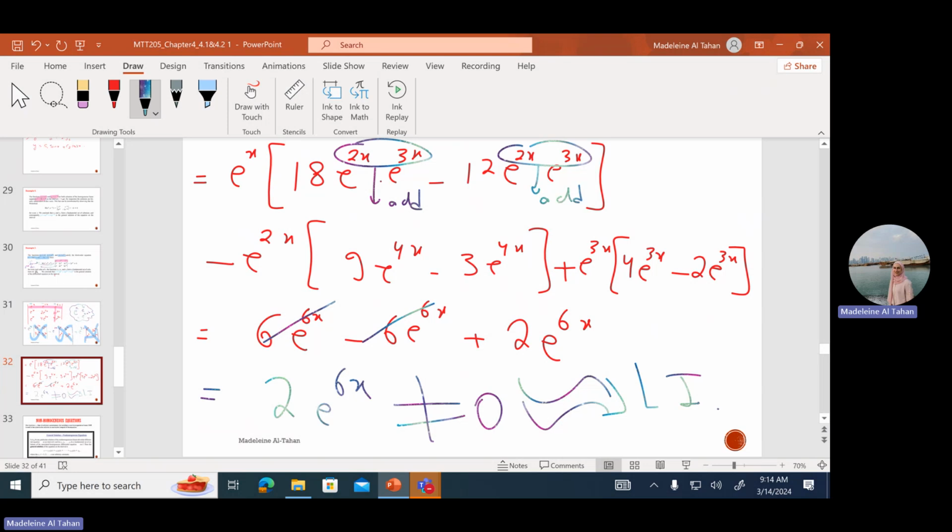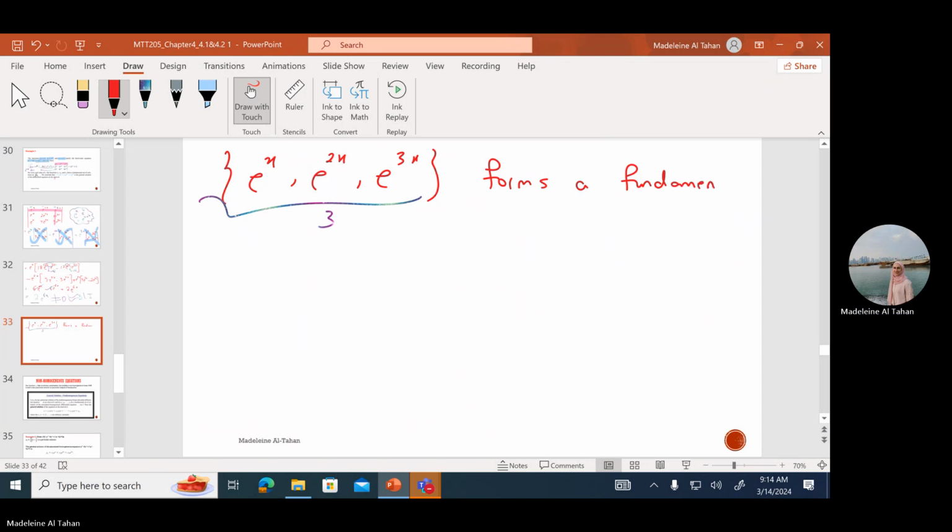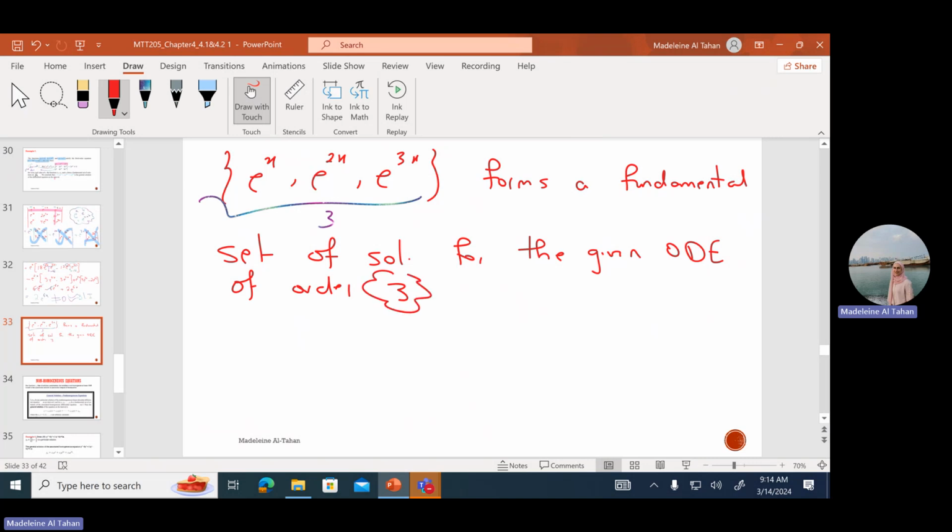How do we write our general solution now? e^x, e^2x, e^3x, their number is 3, a fundamental set of solutions for the given ODE of order 3.